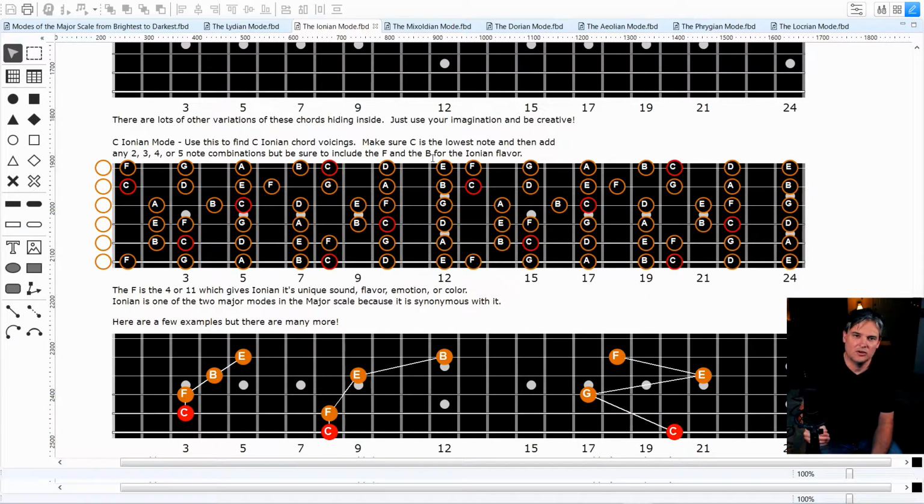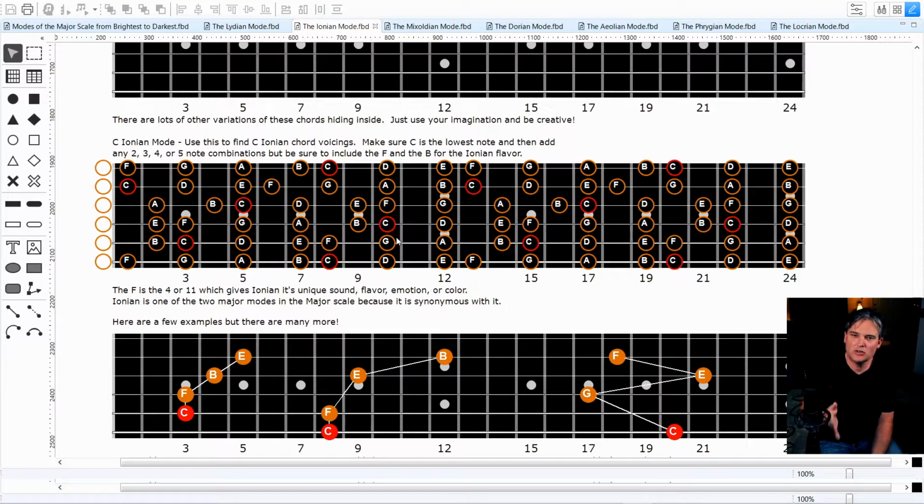So if you were to only include the root note C and F, and some other notes other than B, that modal voicing that you would create would also work for Mixolydian.